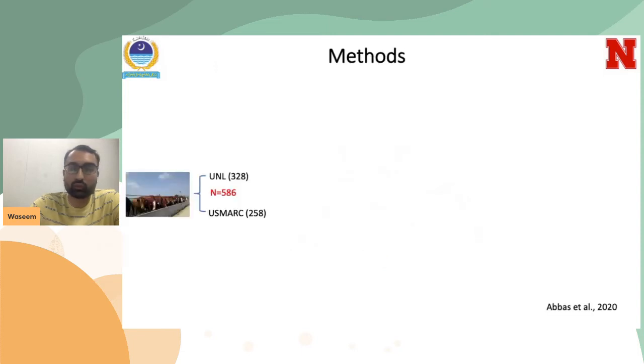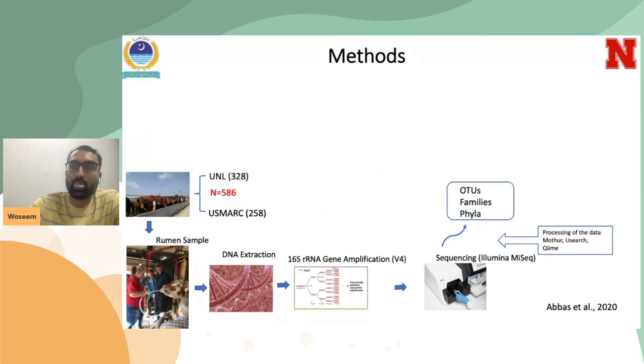So to give you an overview of the methodology of my research, we have more than 500 animals. We had the rumen samples, extracted the DNA, and then sequenced the V4 region on the Illumina MiSeq. When we processed the data, we had phyla level, family level, and operational taxonomic unit, or OTU, bacterial species level data.